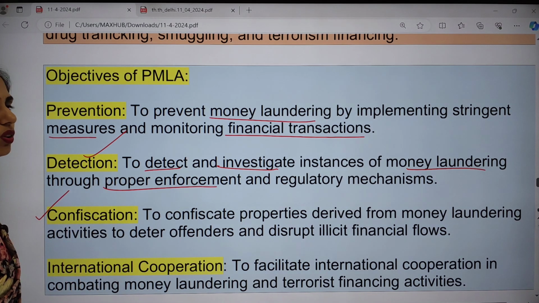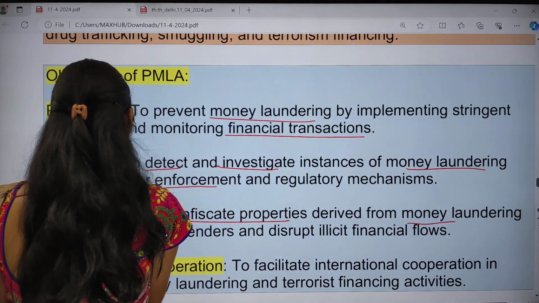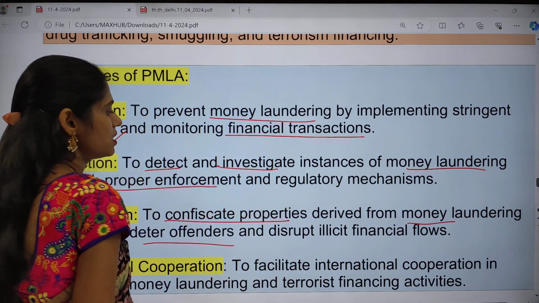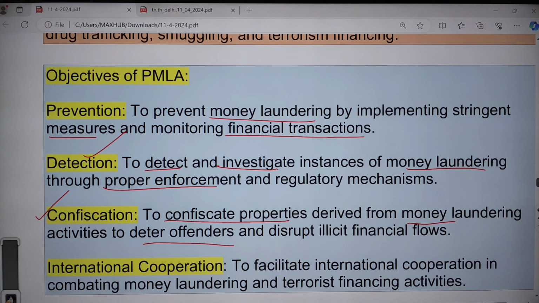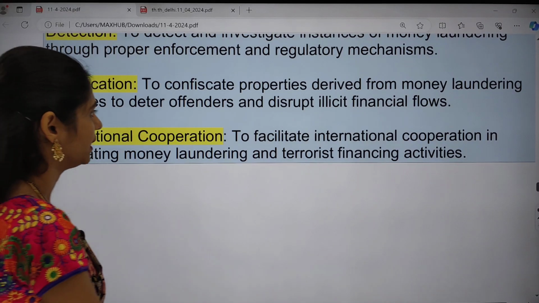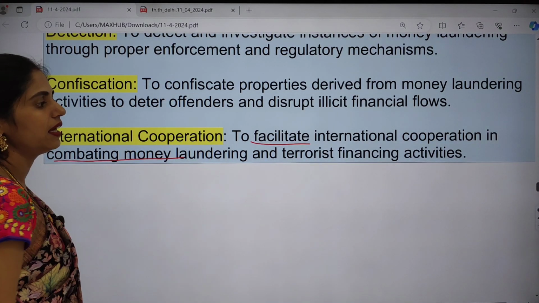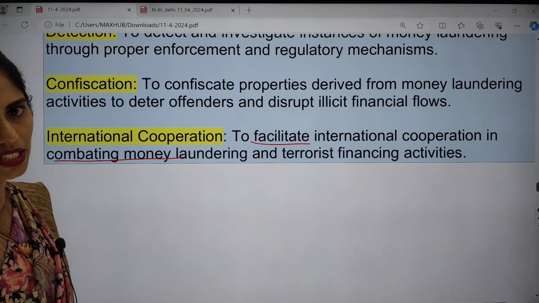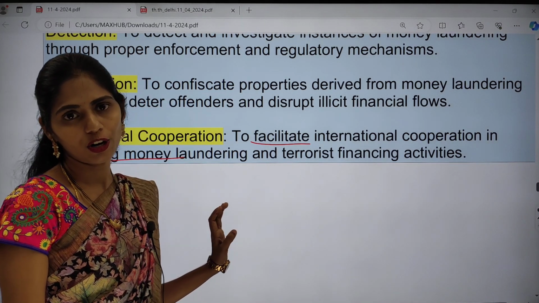And next one is confiscation of property, to confiscate properties derived from money laundering activities, to deter offenders and to disrupt illicit financial flows. And next one is international cooperation. We are also focusing to facilitate international cooperation in combating money laundering as well as terrorist financing activities. So these are the important objectives of this Prevention of Money Laundering Act.